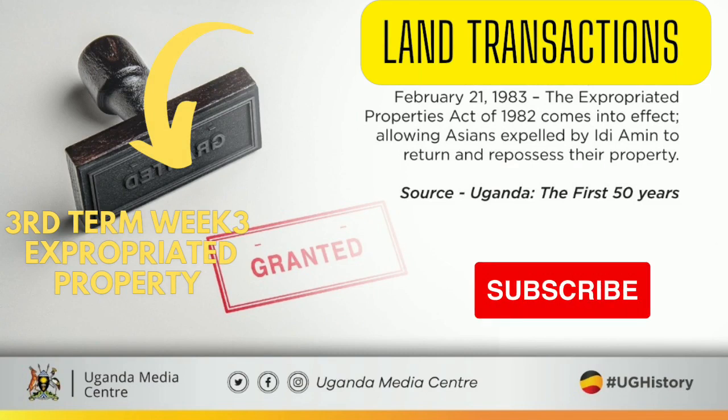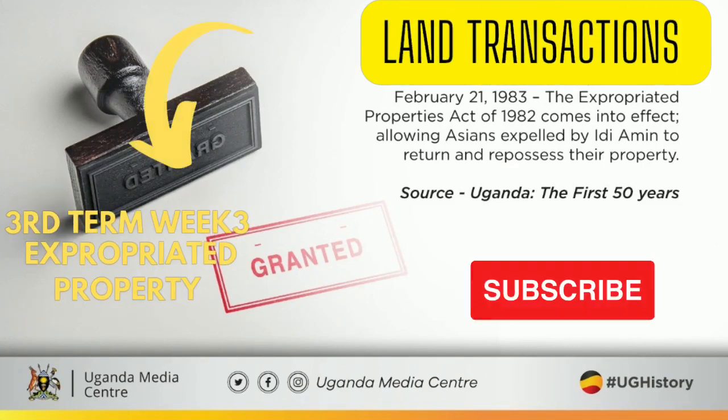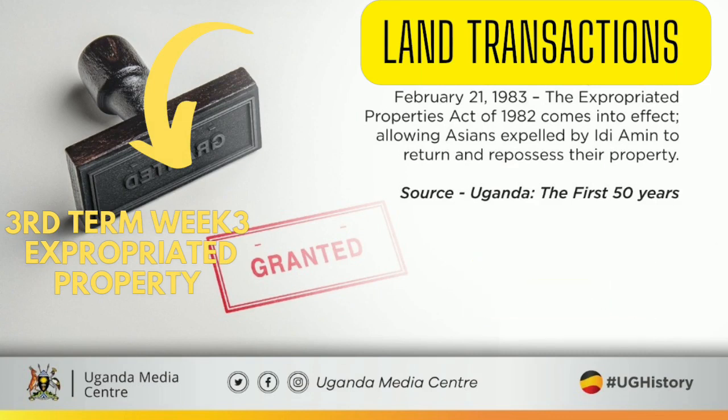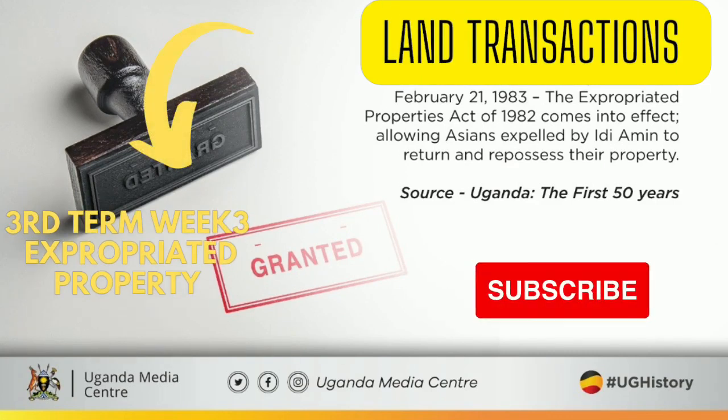Then after that, ask yourself, what are the different types of land that the government of Uganda is holding in trust for Ugandans? One, we have forest reserves. Not all forests are protected. We first gazette and reserve.